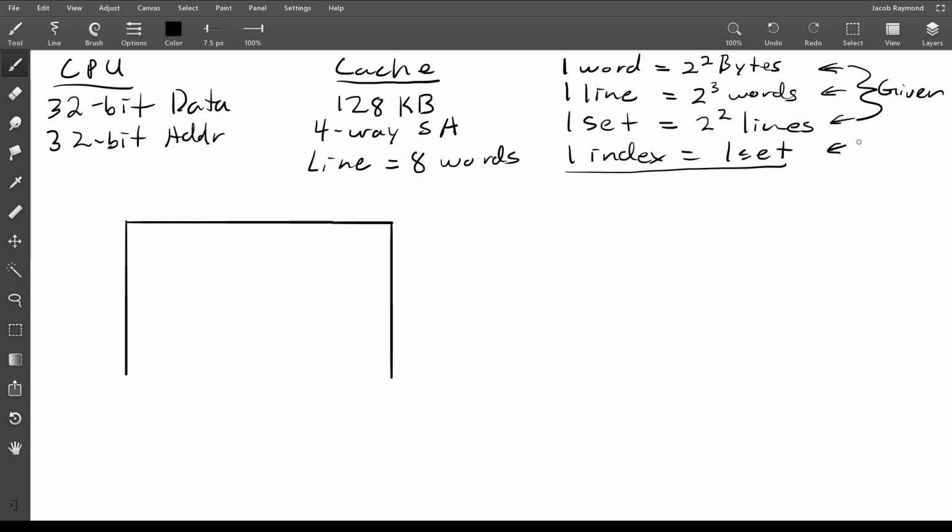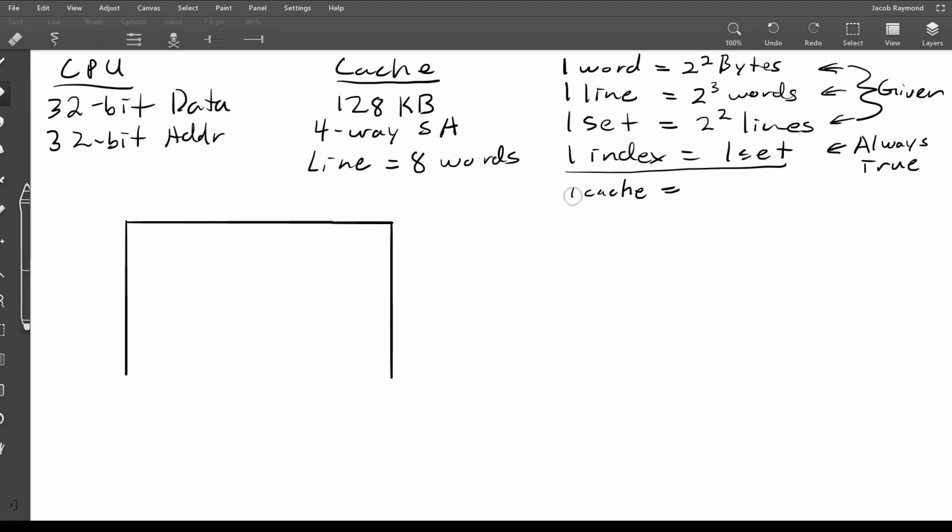But this is always true, and that's important to know. So let's go ahead and draw out the cache. Also, I suppose we should probably figure out the size of the cache in power of 2, again, because that's going to make some of the math a lot easier. So we have that one cache.